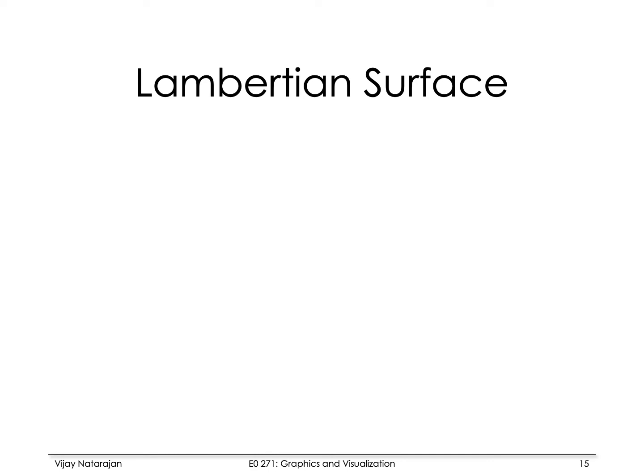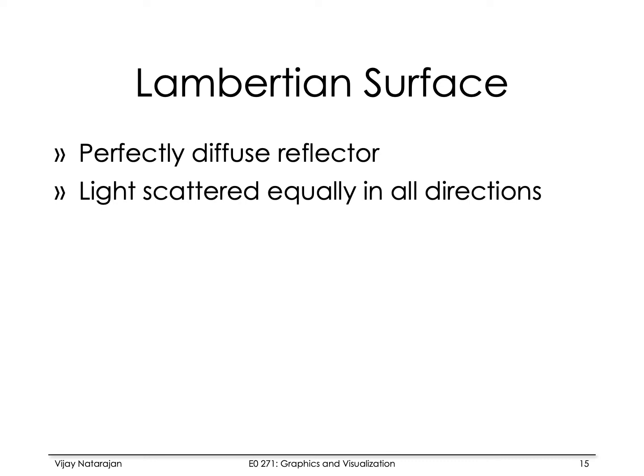Let's jump to so-called rough surfaces. Now that you have looked at smooth surfaces, let's just jump and look at rough surfaces. And here I want to look at the perfect rough surface. What does that mean? So this is a perfect diffuse reflector which scatters light in all directions, but equally in all directions.